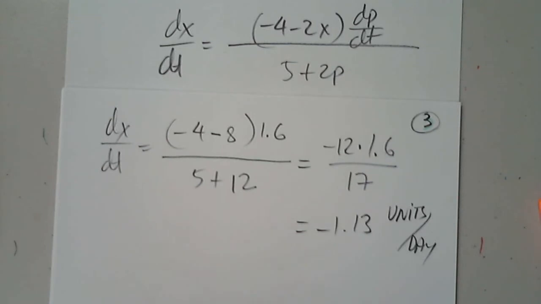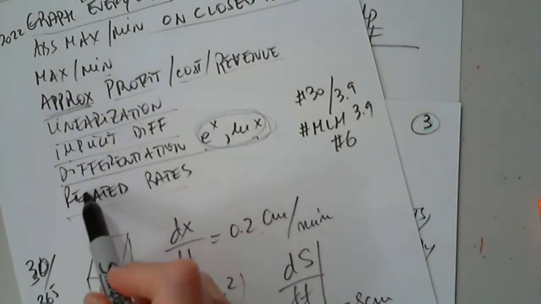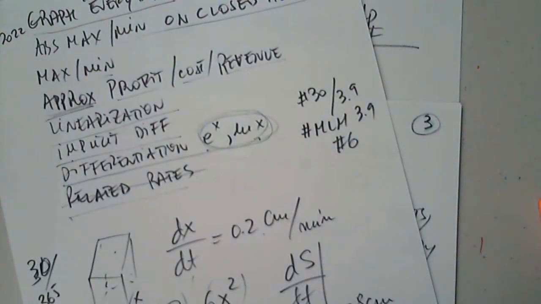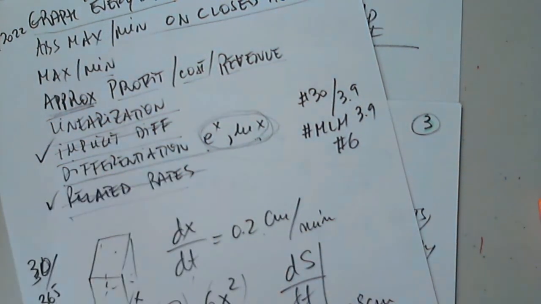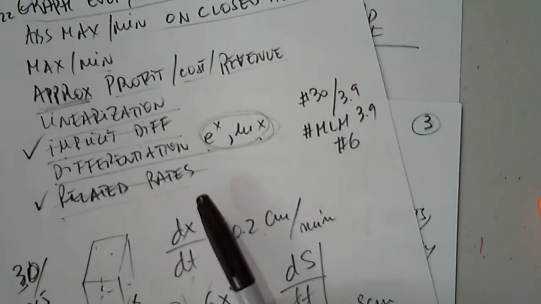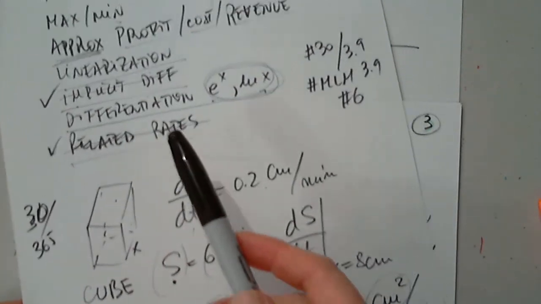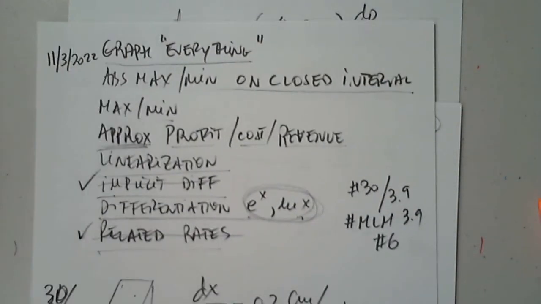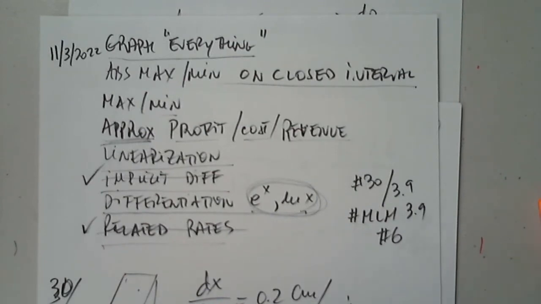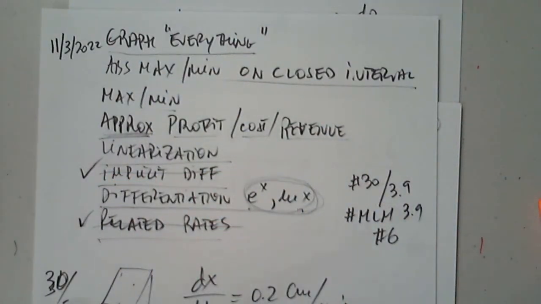Very good questions. So basically, I don't need to talk about related rates anymore. I don't need to talk about implicit differentiation. Related rates, implicit differentiation, what we did here. Okay, so you choose the next topic.